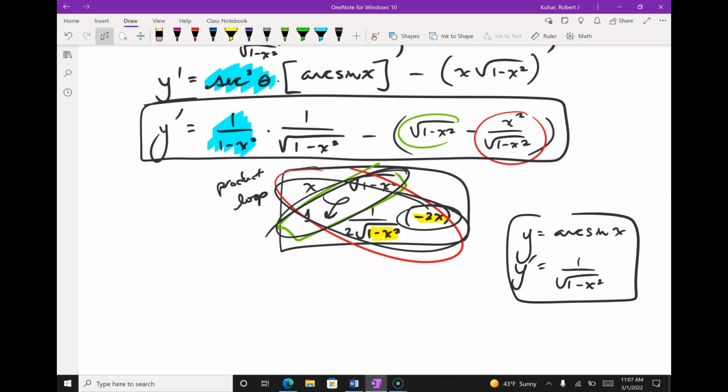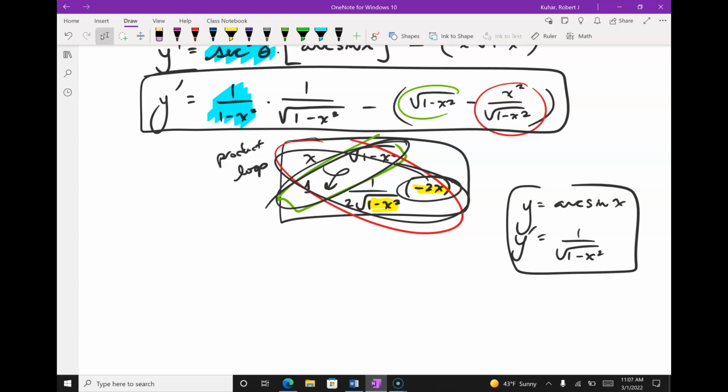I can keep going? So I'm going to distribute that negative, and then I'm going to need an LCD, right? So y prime is 1 over 1 minus x squared times 1 over square root of 1 minus x squared. By the way, that's my LCD.